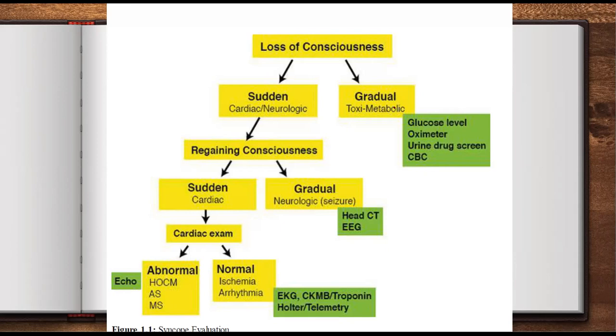The prodromal symptoms are blurry vision, sweaty, pale, hot, and sometimes even headache. You gradually get those symptoms, fall and lose consciousness, and then gradually regain your consciousness. So that's your vasovagal syncope.